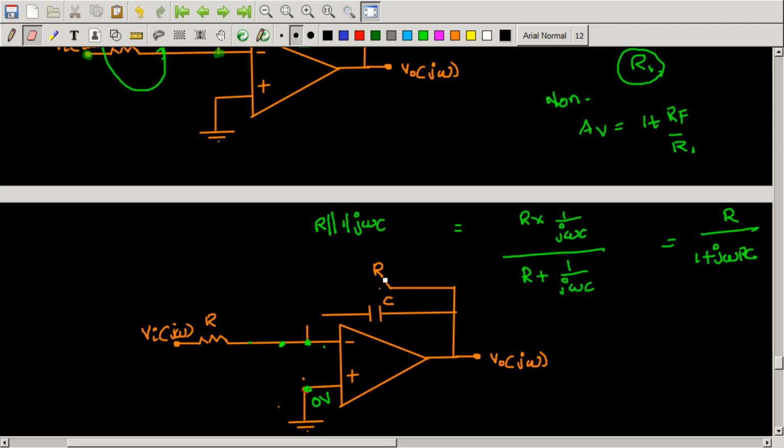So this entire thing can be replaced by an impedance value of R by 1 plus j omega RC.